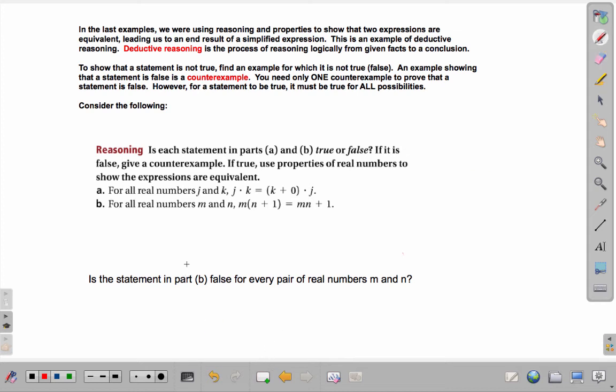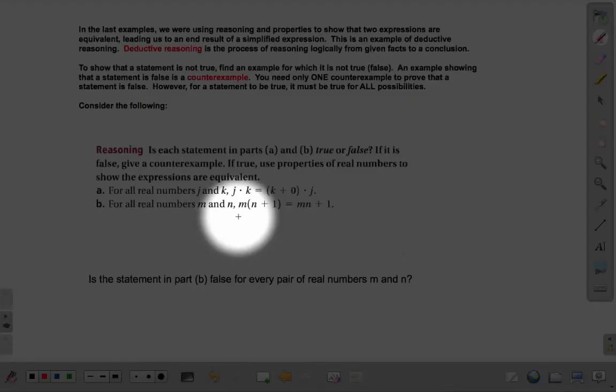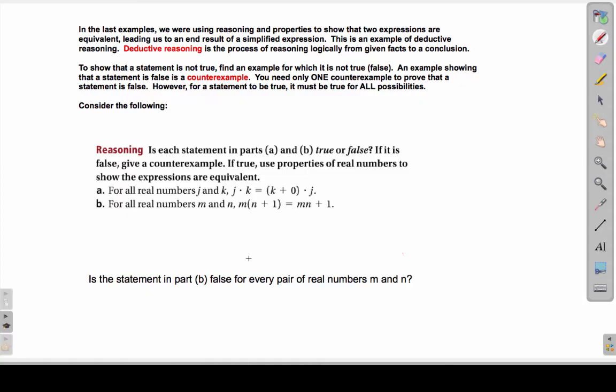Part B, for all real numbers m and n, m times the quantity n plus 1 equals mn plus 1. Is that true or false? Well, again, we've got to find a counterexample. Let's try this for m equals 4 and n equals 3.